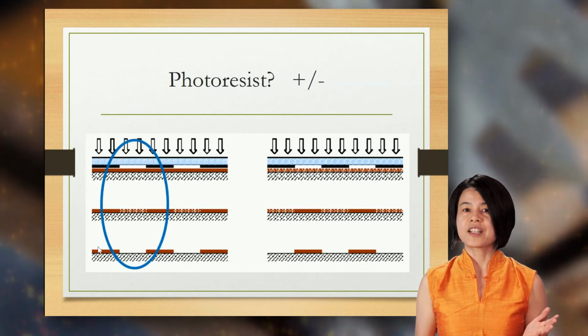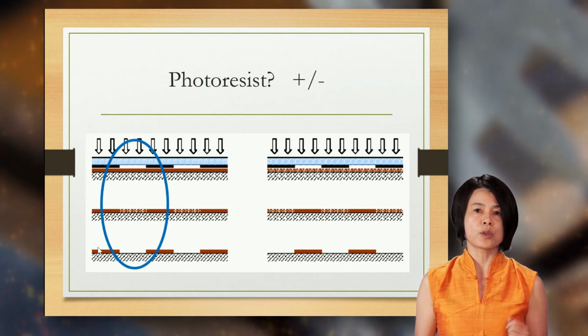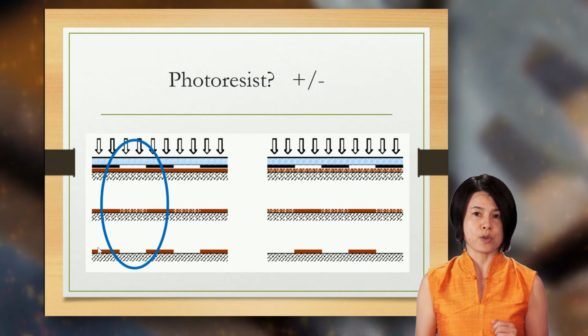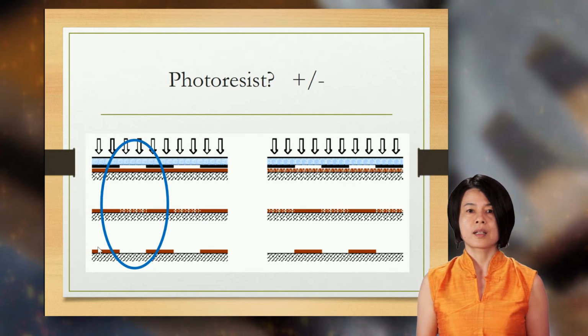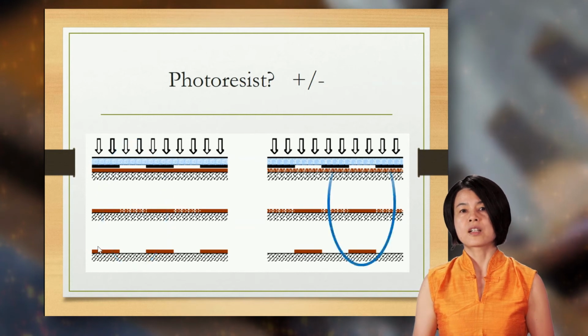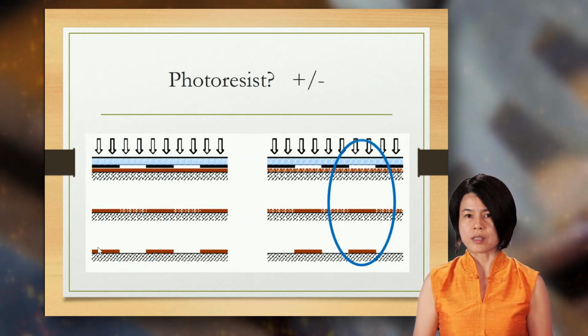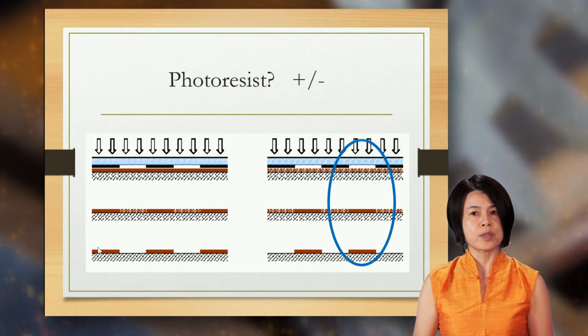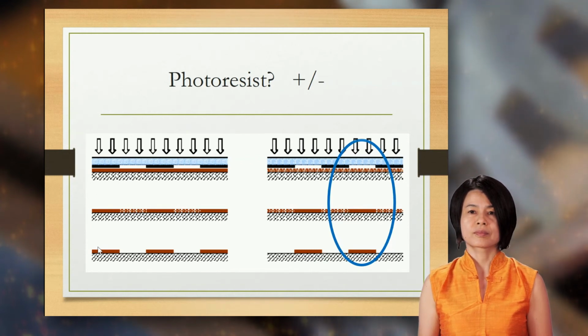Okay, the left figure is positive because the photoresist with radiation exposure disappears. And the right figure represents negative photoresist because the photoresist with radiation exposure remains.